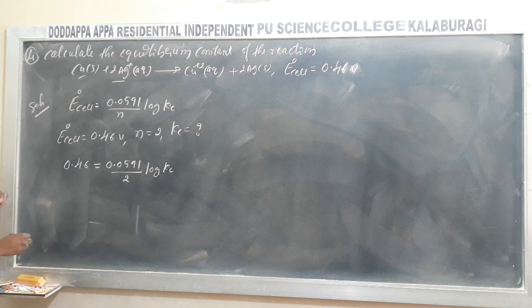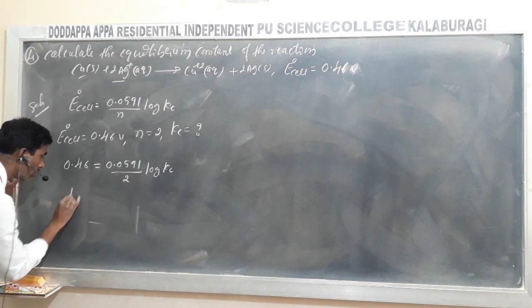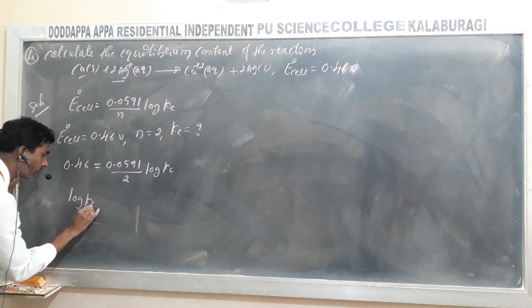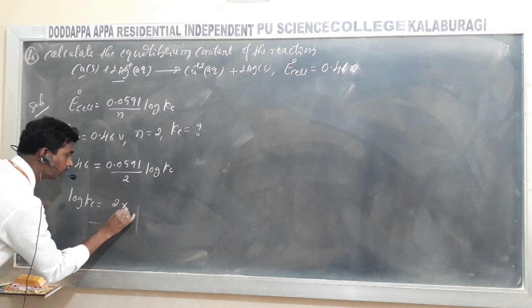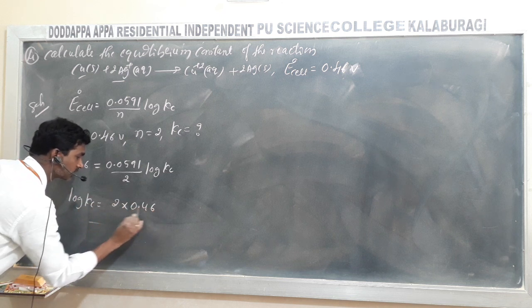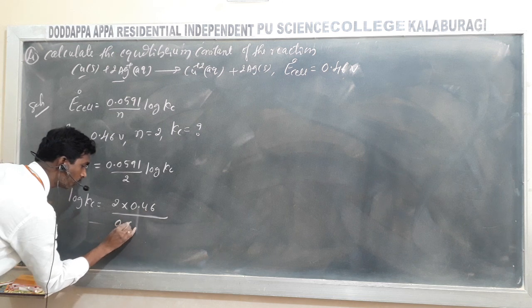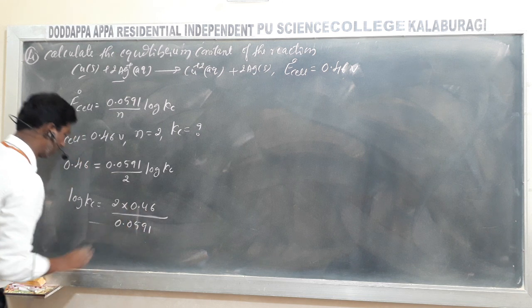Now I can write here: log of Kc is equal to 2 into 0.46 divided by 0.0591.